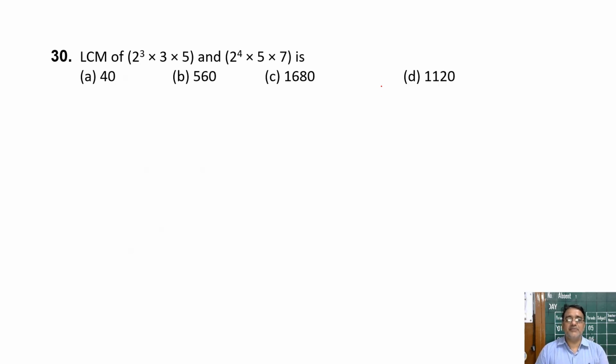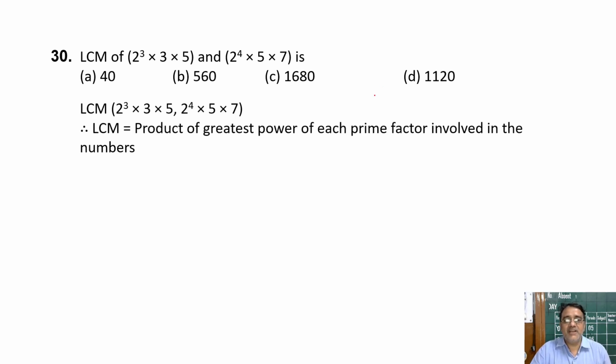It's the LCM of 2 to the power 3 into 3 into 5 and 2 to the power 4 into 5 into 7. And we know that LCM is the product of the greatest power of all the prime factors involved in the prime factorization, right? So what is the highest power of 2? 4.